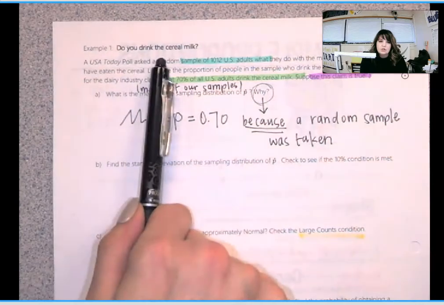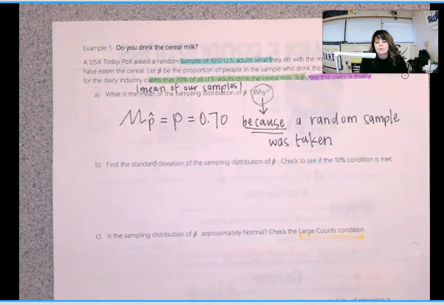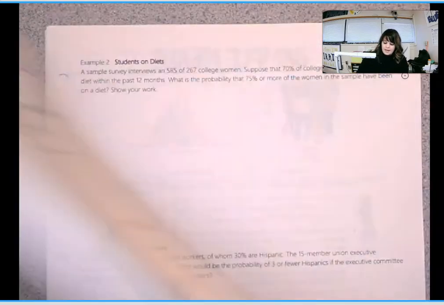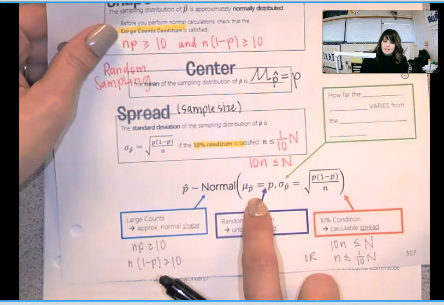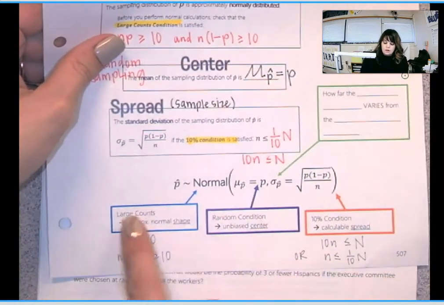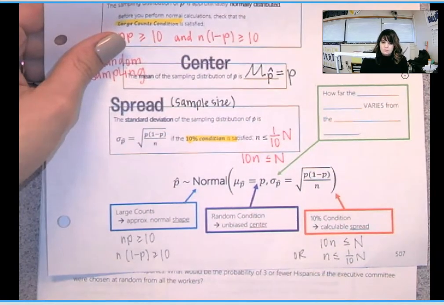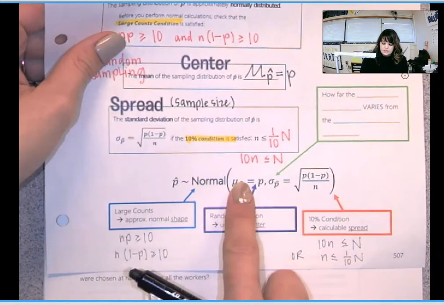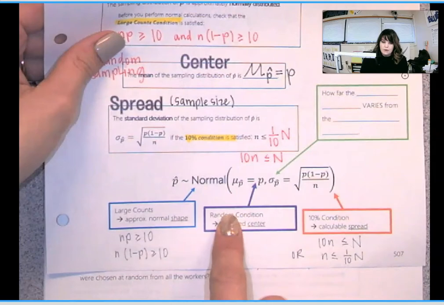Because it says a USA Today poll asked a random sample. So this letter A is this portion of this statement you have here. This is your mean if it's a random sample.